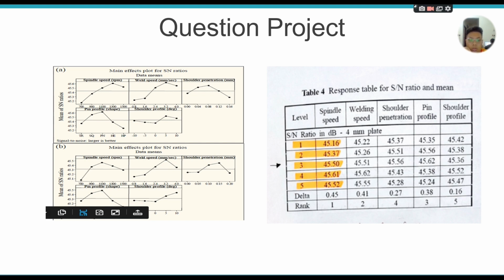Today I want to explain about the question project and manual calculation. The question for the project we got from Google Scholar. This is our data, and this is the table of the data. From this we chose to use the Taylor series.